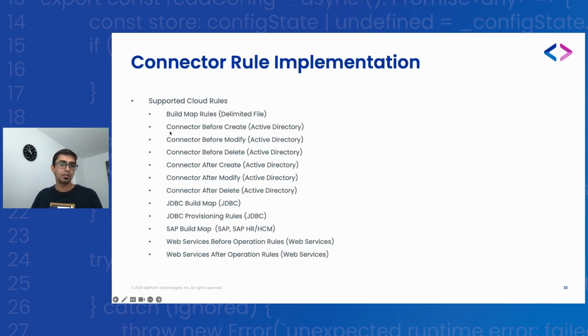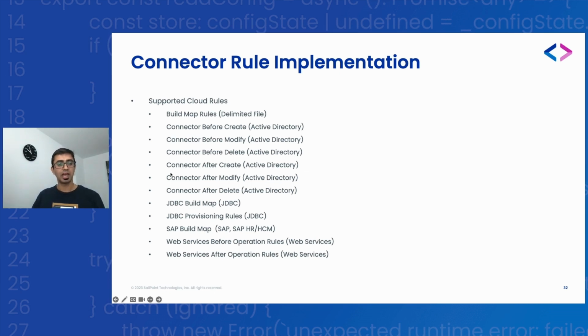And we have connector before create, modify, and delete. These are mainly for Active Directory and Azure Active Directory connectors. These rules are used if you need to invoke some kind of PowerShell scripts that need to be executed on the Active Directory itself.